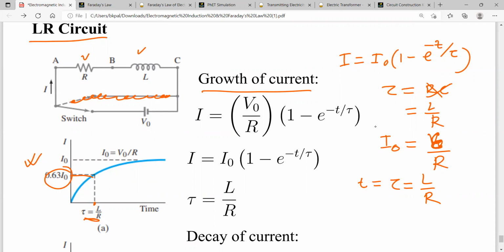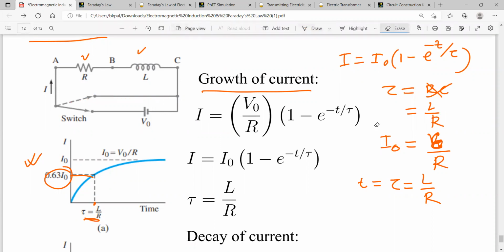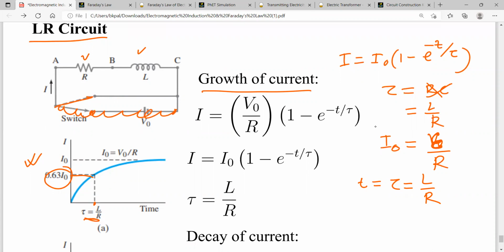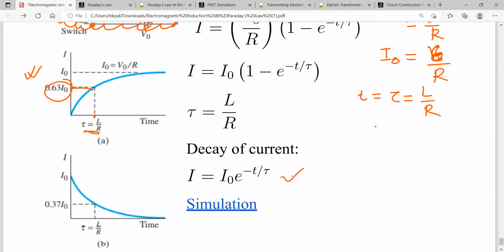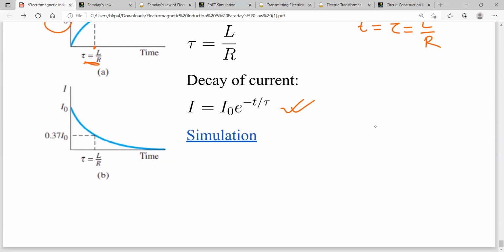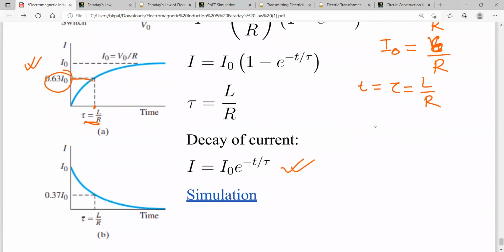And similarly, you can show that if you ignore this part and close this switch, there will be decay of current, and the decay of current will be something like this. The explanation is very similar to the discharging. All right, so that's it for this chapter.